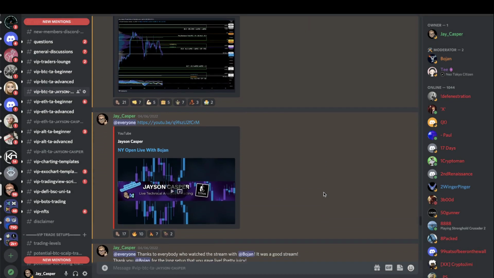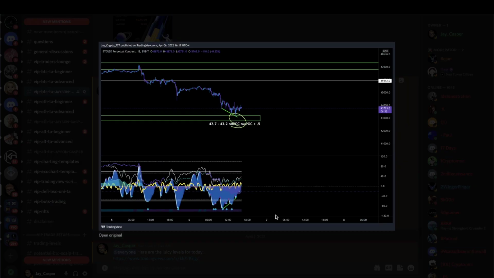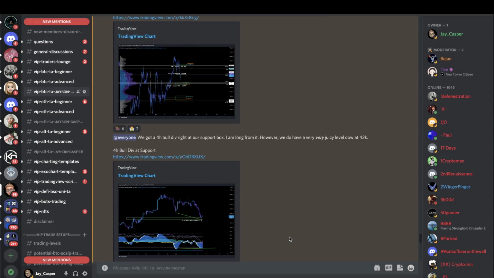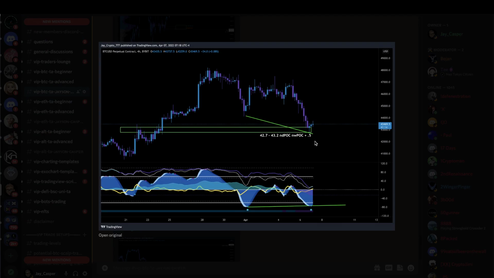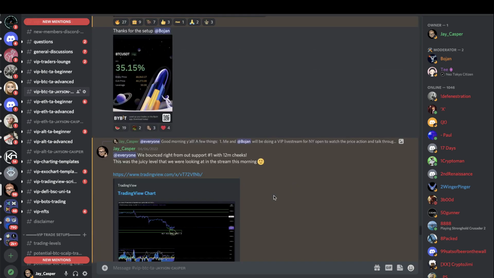And then we can see that we came down and perfectly found our support on that box that we had mapped out here. We're also getting some bullish divergences on Market Cipher B on the 4-hour time frame. So, of course, we did take a long from that level.